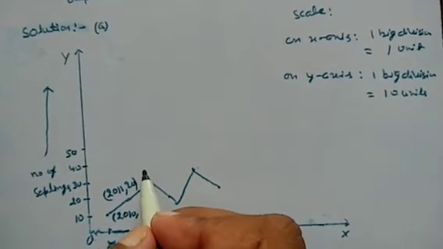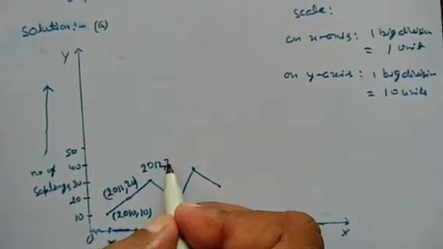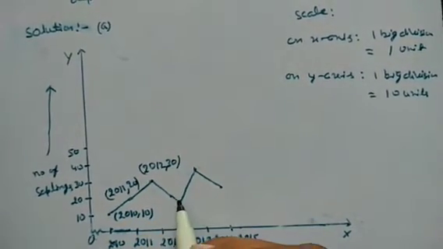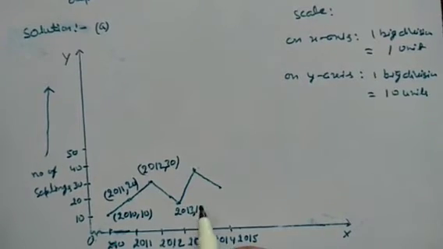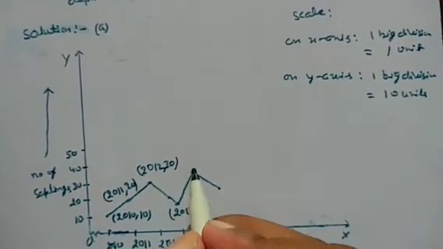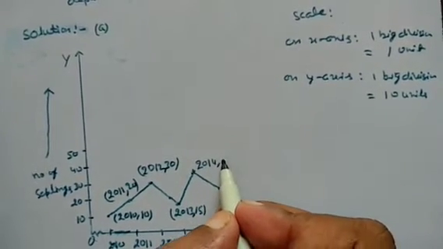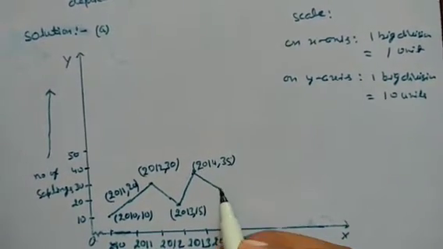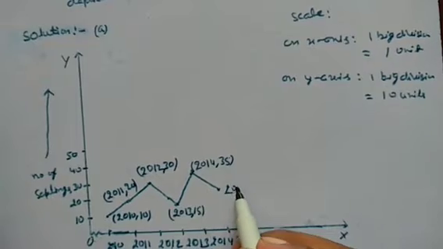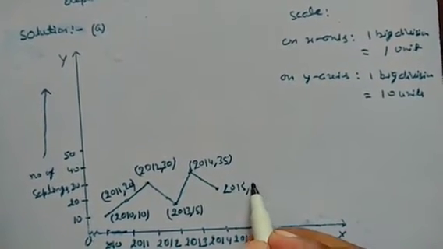Our third point is 2012 and 30. The fourth point is 2013 and 15, and the ordered pair of the fifth point is 2014 and 35, and the last point is 2015 and 25.